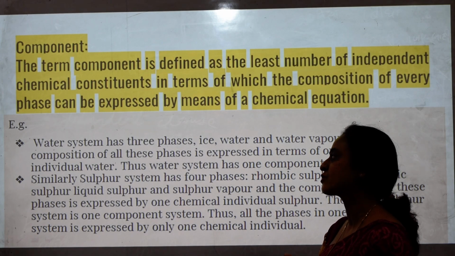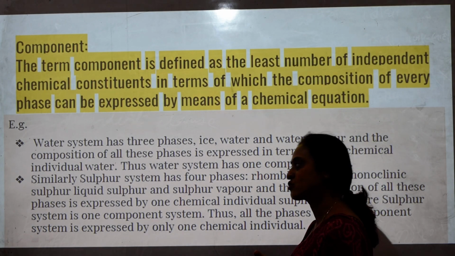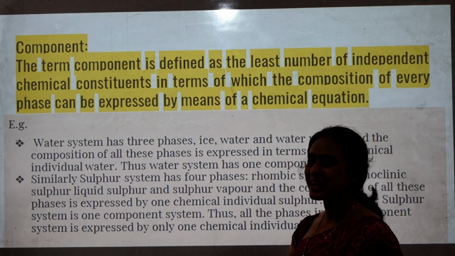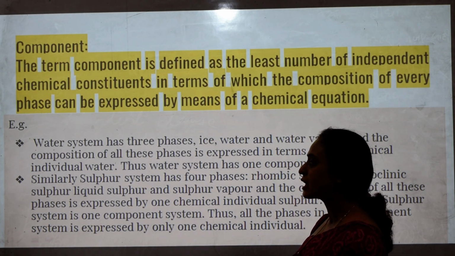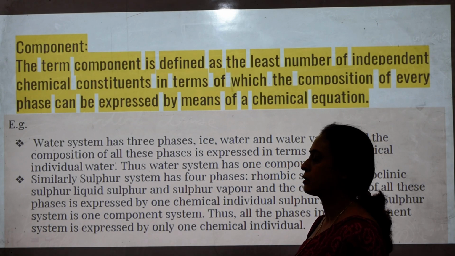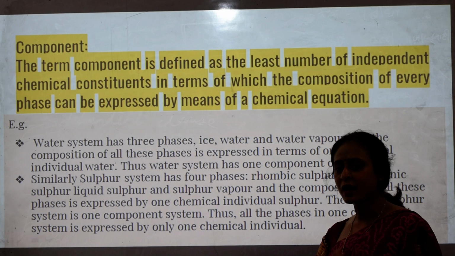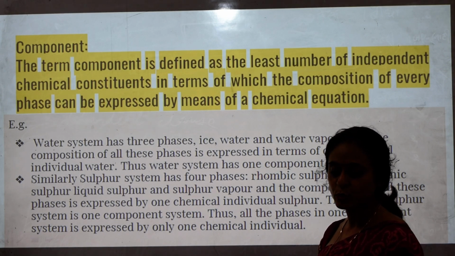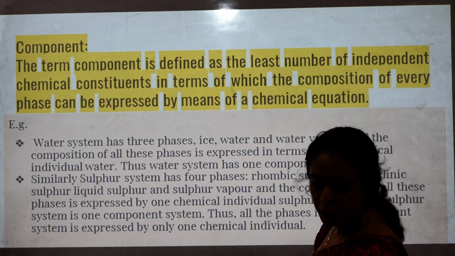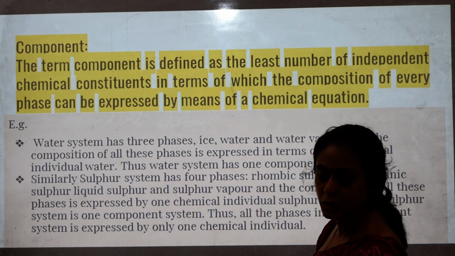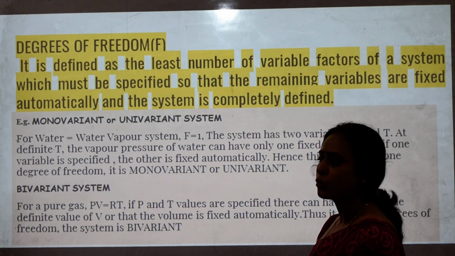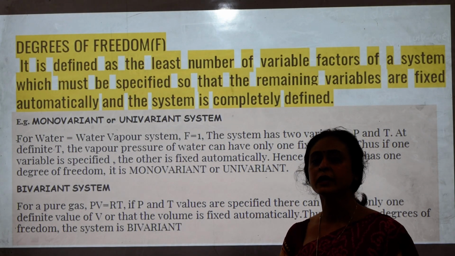Total number of phases which is present in the sulfur system is 4, but maximum phases that may be present in equilibrium is 3. Any 3 of them will be in equilibrium. We have to study a phase rule diagram to explain more this part, but right now we are actually concentrating on water system. Now we move to another term, that is degree of freedom.